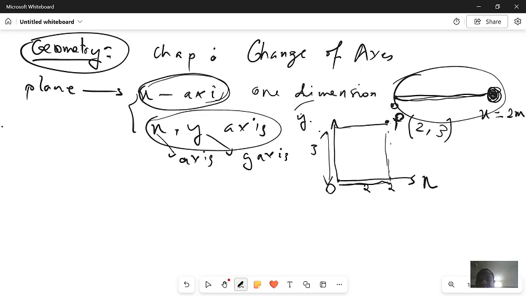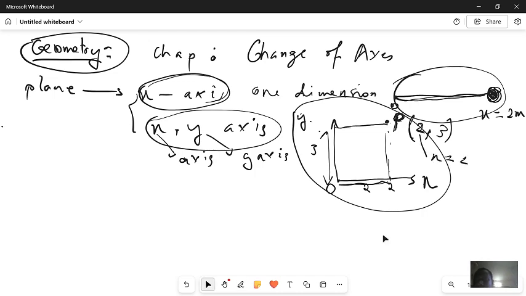So in this plane xy, the coordinate P is located at 2, meaning the value of x is going to be equal to 2, and the value of y is going to be equal to 3, if we have two axes.